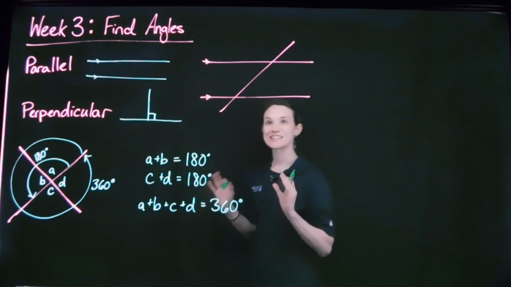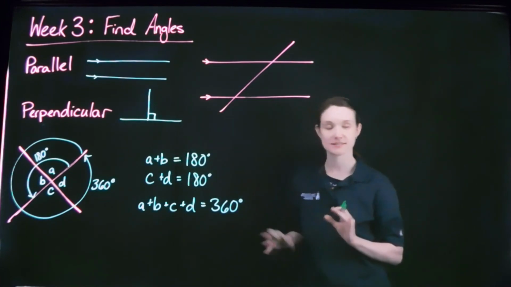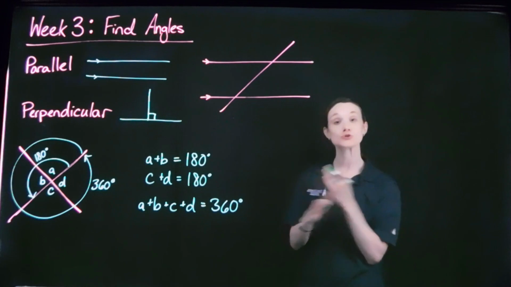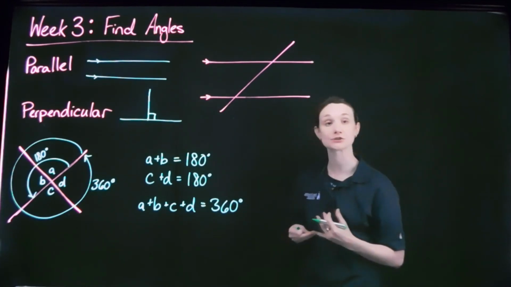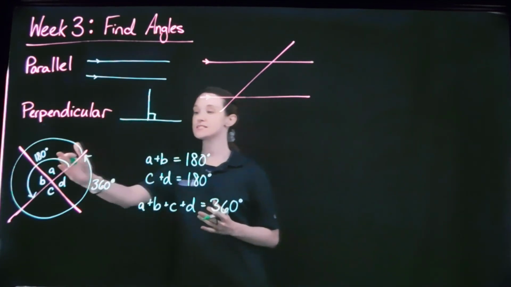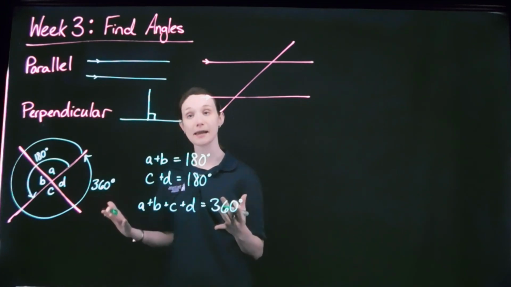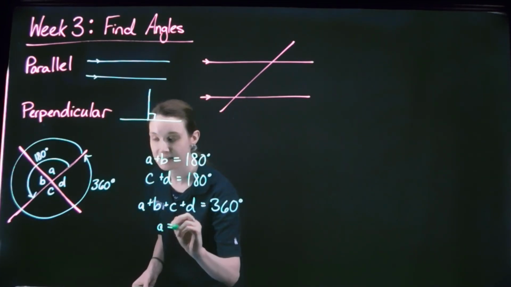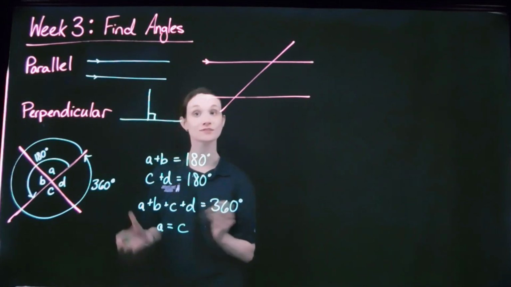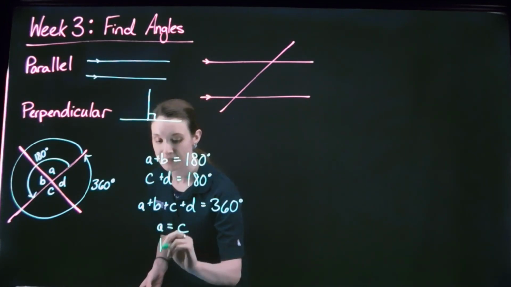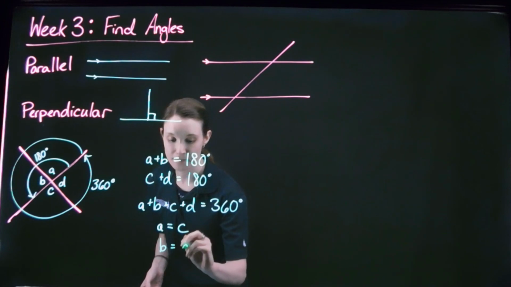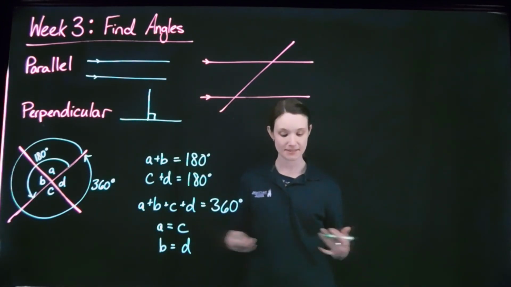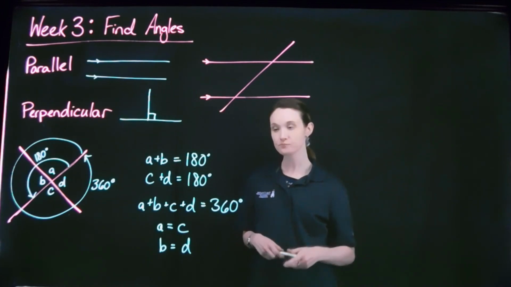Now, one more nice thing about this scenario is that when I have two intersecting lines, presuming both lines are completely straight, the opposite angles are the same. So I can also say that A is the same as angle C and B is the same as angle D. When they're opposites, they will be the same.